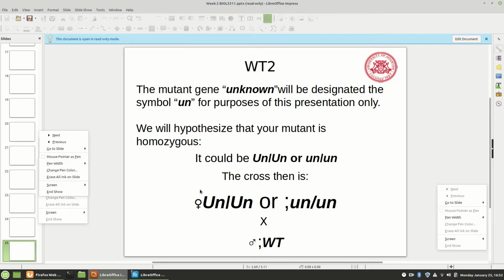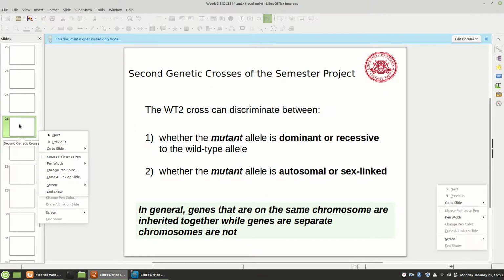This is for WT2, but we will get there, just not right away. All right, let's see. How many more? Oh, we've got quite a few more here. All right, so this will determine also whether or not you're sex linked at this point. So not only do we have to determine if it is dominant or recessive, we also have to figure out if it's on the X or Y chromosome.